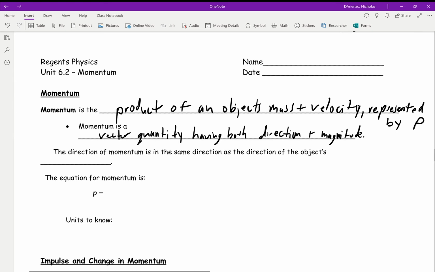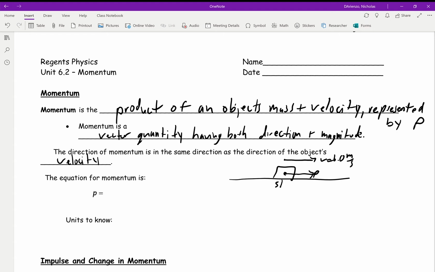The direction of the momentum is going to be the same as the object's velocity. So if the object here, a box, is moving to the right at a velocity of 6 meters per second, our velocity is to the right, which means our momentum would also be to the right.